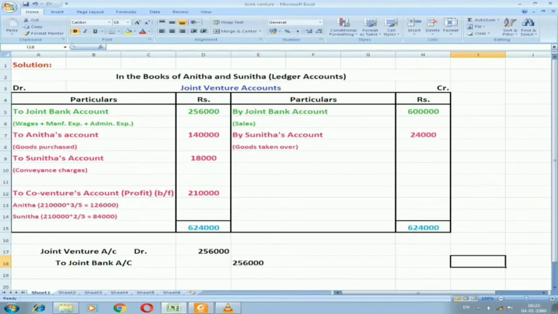For example, you can see the first entry. On the debit side, first we have 'To joint bank account'. So to joint bank account is the credit entry. Then what will be the debit entry? Usually whatever heading we have given will be the debit entry, that is nothing but the joint venture account. So we can record that as by joint venture account to joint bank account.